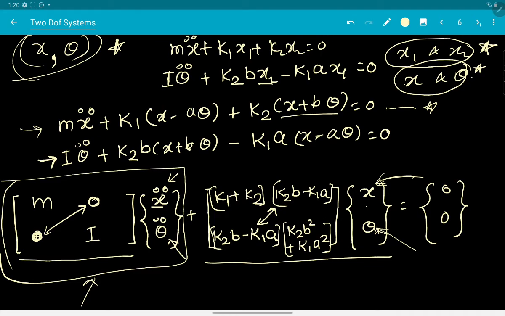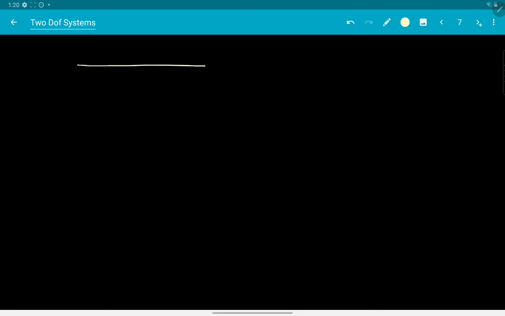However, again, you can choose a case where k2b is equivalent to k1a. Okay, what does it mean? k2b is equivalent to k1a. So you have CG over here, which is a units away from here, and this is b. So this is k1 and this is k2.